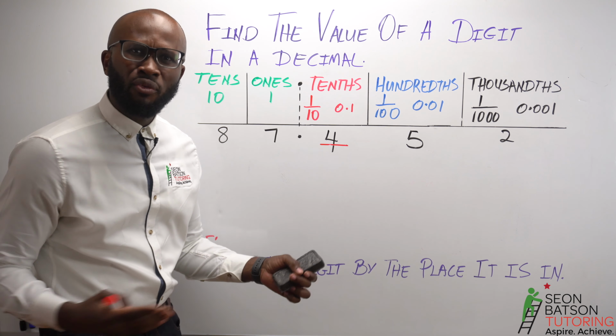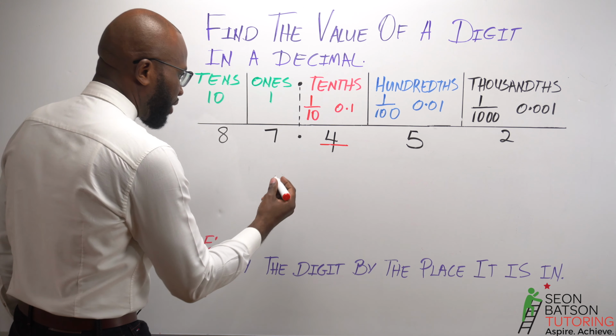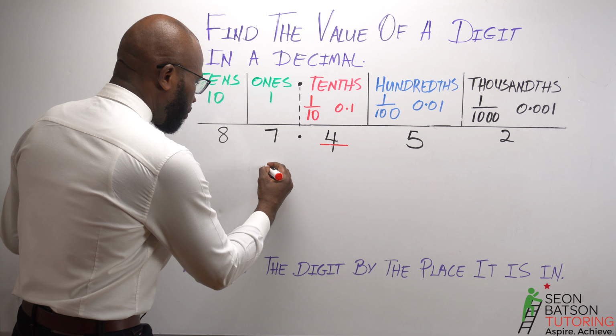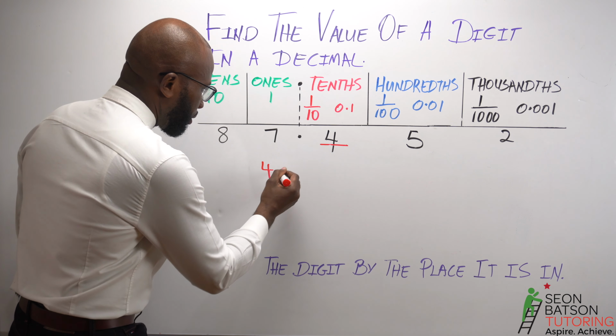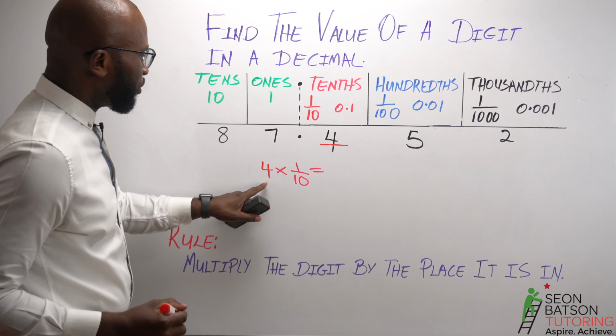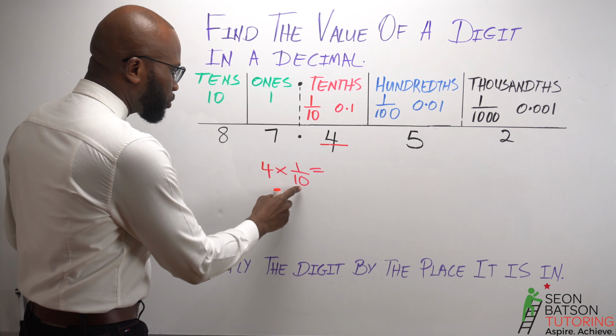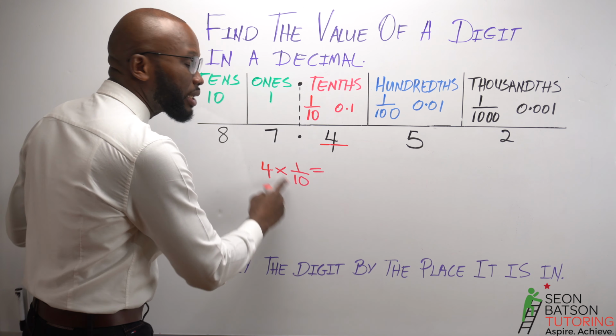Of course, for fun, we will multiply the 4 by both. Let's multiply the 4 by the fraction first. So we'll do 4 times 1/10. And again, what is 4 times 1/10 equal to? Remember, 4 times 1/10 simply means we have 4 1/10s.